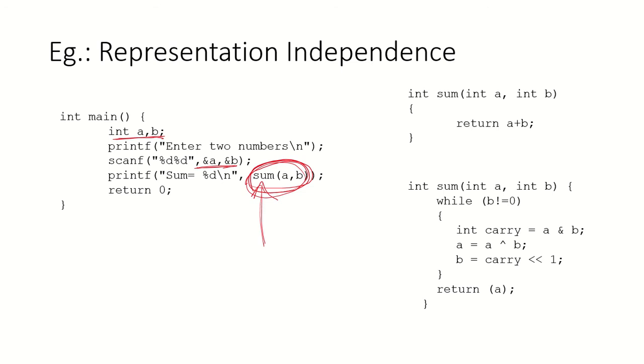But how are we going to implement that sum? Either I can simply implement it and say return a plus b, or I can implement it using some bitwise operators and return the sum of a and b.